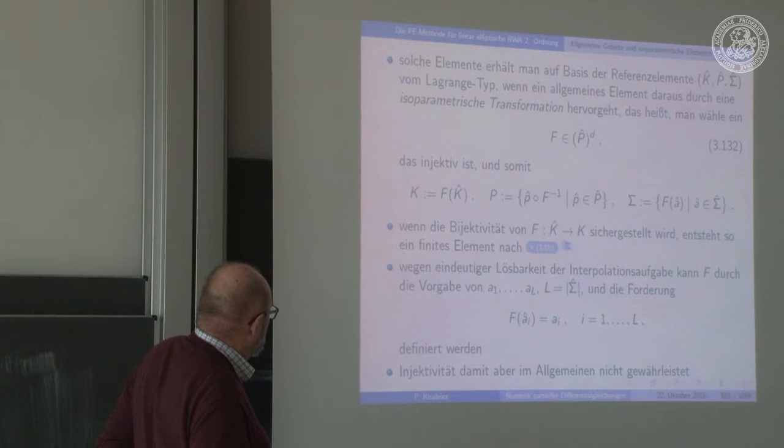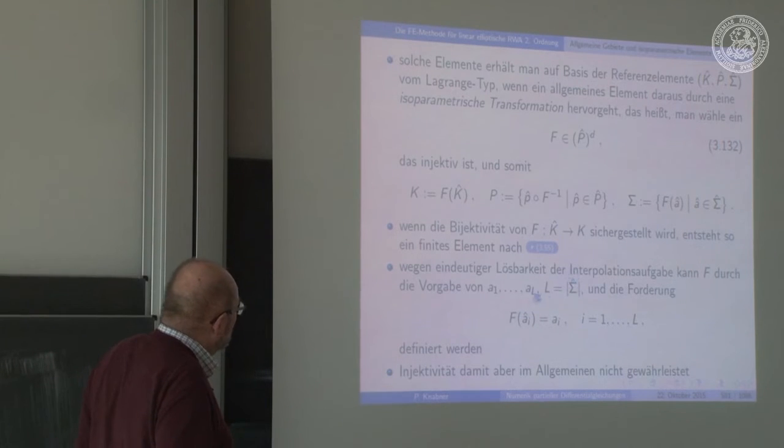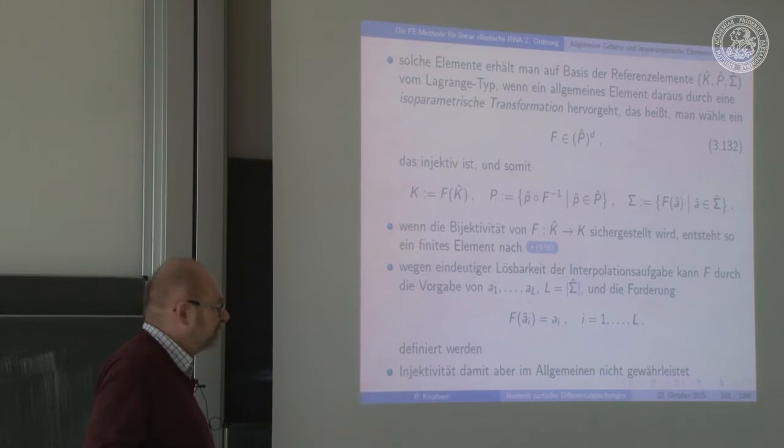As we always are in a situation where the interpolation problem is uniquely solvable, what we could do is, that's what I just said, we take our 8 points, and we define the mapping F such that the 8 points in the case of the hexahedron, L points in the general case, 4 points in the case of the rectangle, and we say, okay, we require that the degrees of freedom of the reference element are mapped at those degrees of freedom I would like to have.